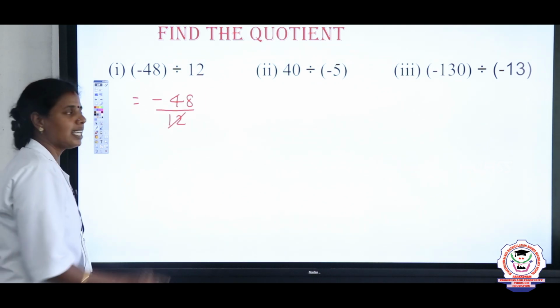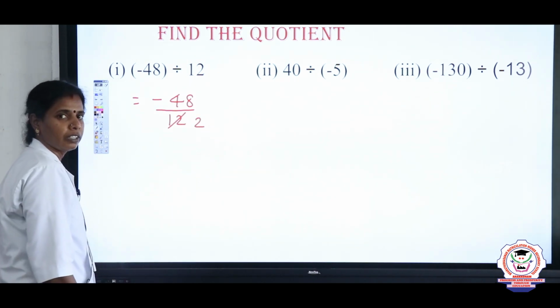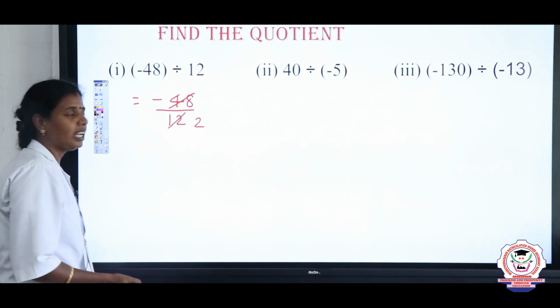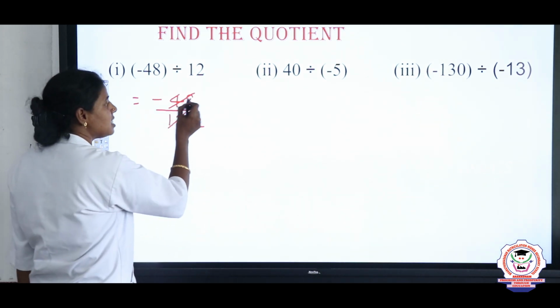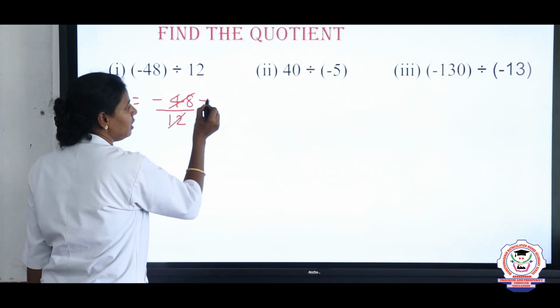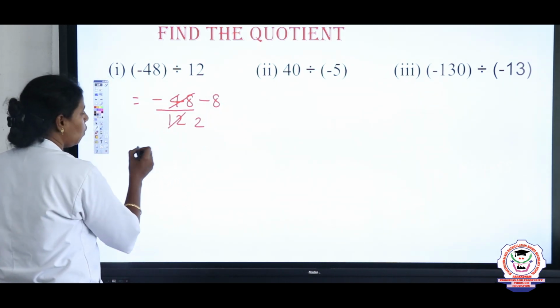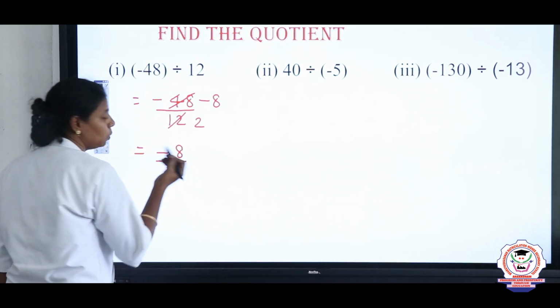How many 6s are in 12? So, 6 2s are 12, and here 48. How many times can 48 be cancelled in 6 table? So, 6 8s are 48. It is a negative integer, so minus 6 8s are 48. One more step we are going to take: minus 8 by 2.